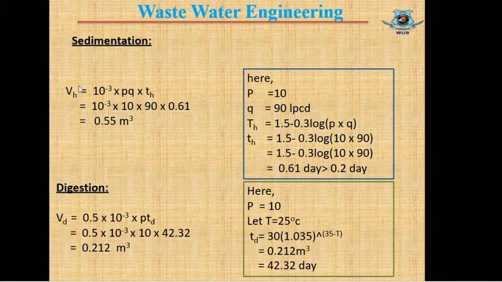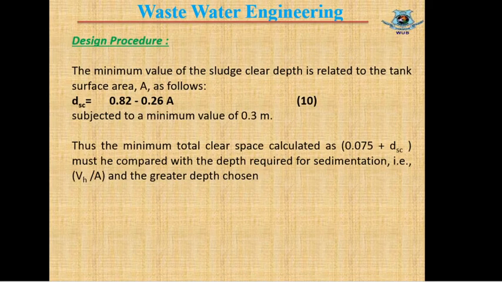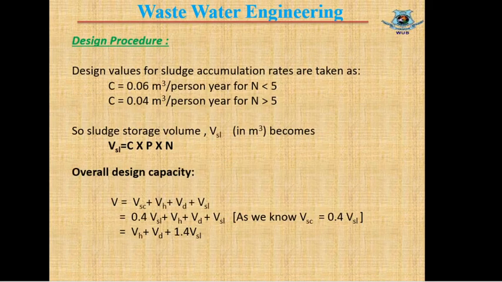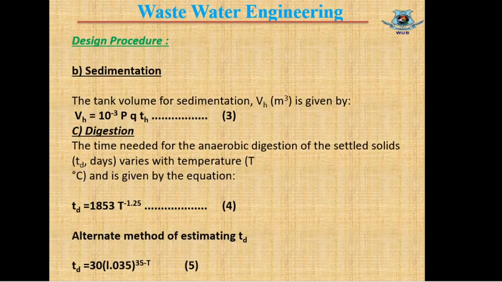First, we calculate the volume for sedimentation zone. Here volume for sedimentation V is equal to this equation: 10 to the power minus 3 into P into Q into TH, and this equation has been picked from the design steps. If we see the design steps, volume for sedimentation is this one.